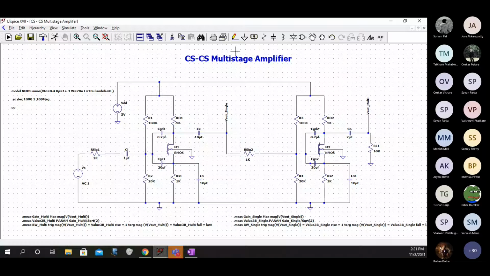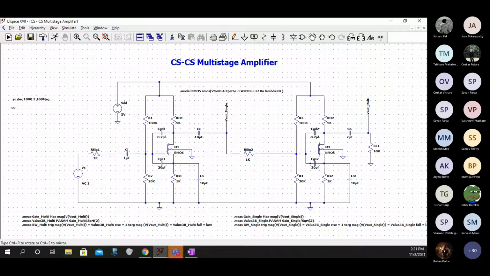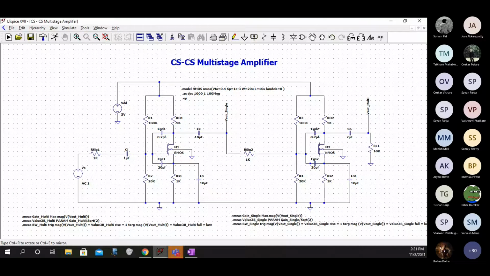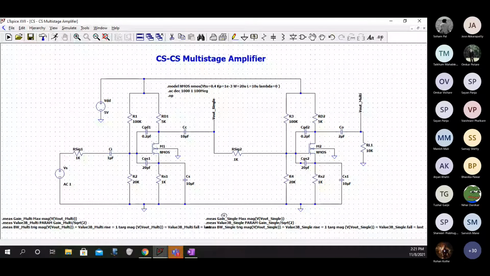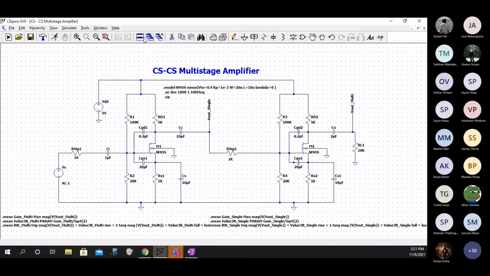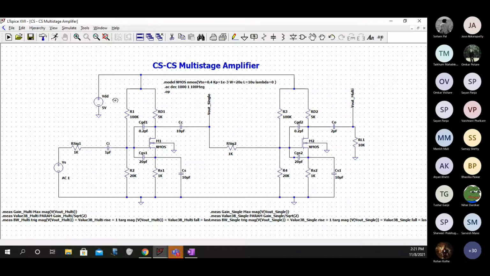So let's put a nice heading there, and all other things are pretty much the same. What you can observe here is, now everything is the same, but there are two additions.